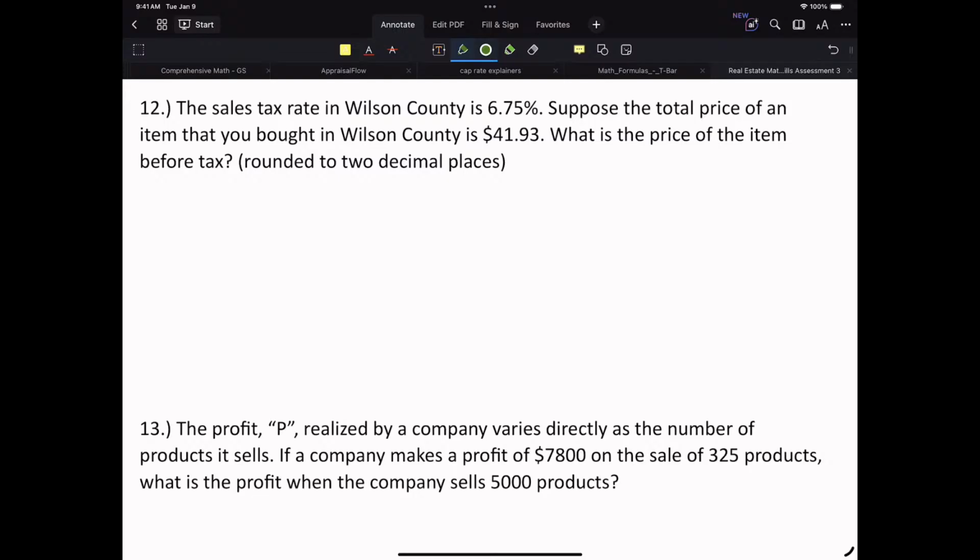So let's put this in perspective. There's the price of the item plus 6.75% of the price of the item, and that equals $41.93.